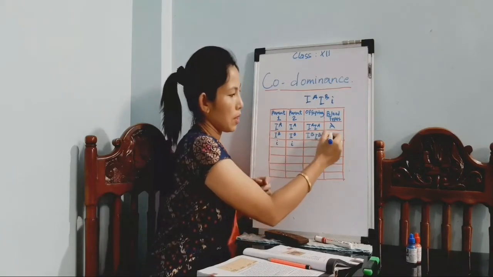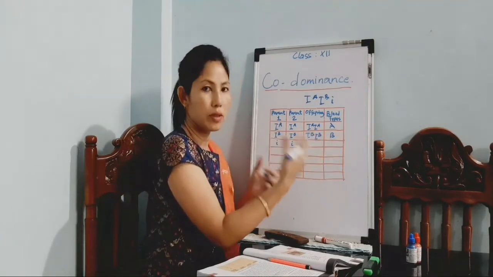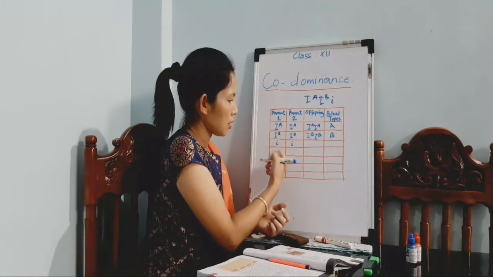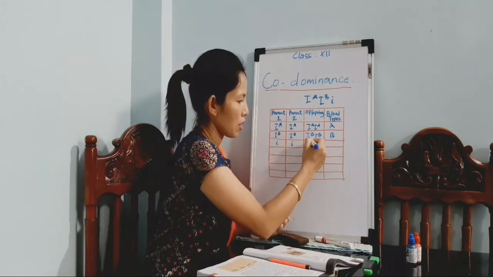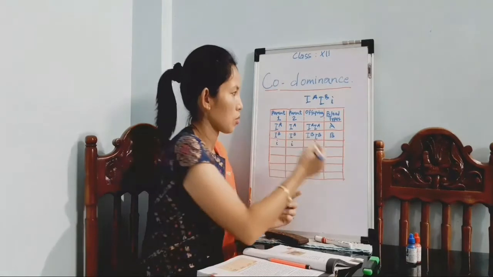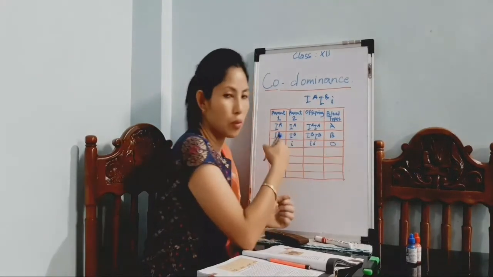So it will be blood group B, as both alleles express together. And in this case, when both are small i, as they do not produce any sugar, it will be blood group O.